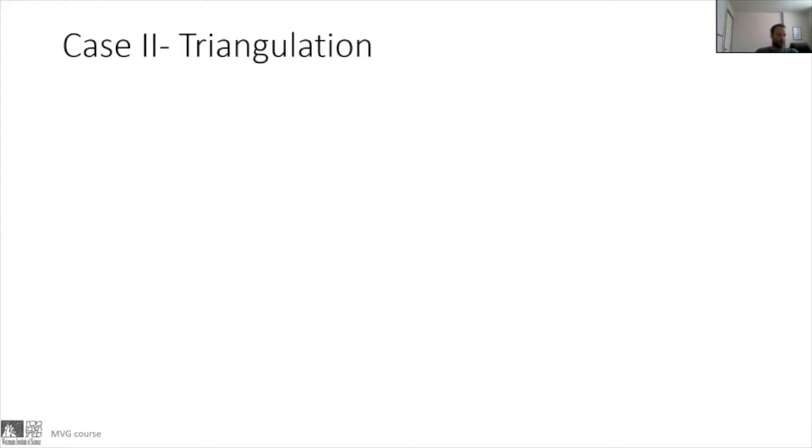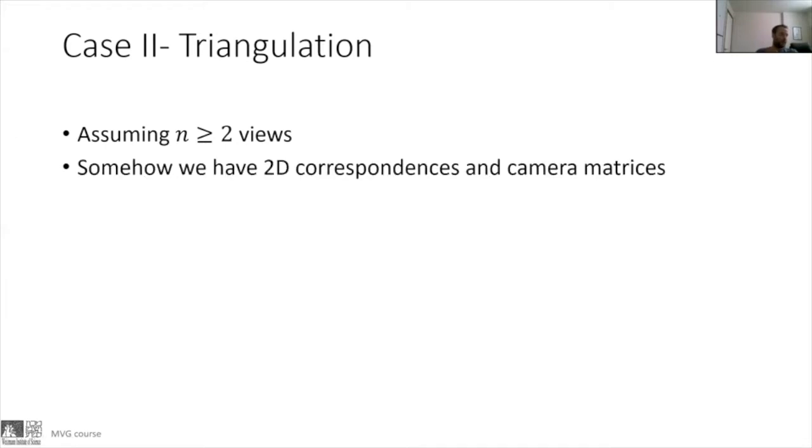The second case, which is a bit harder, is called triangulation. You've seen this in Yoni's lecture. Here we assume that n is larger than 2, that we have more than 2 views, and we assume we have 2D correspondences between the views and the camera matrices, which you got from somewhere.